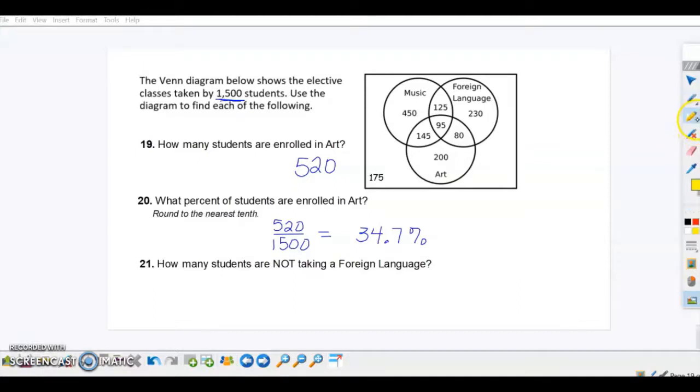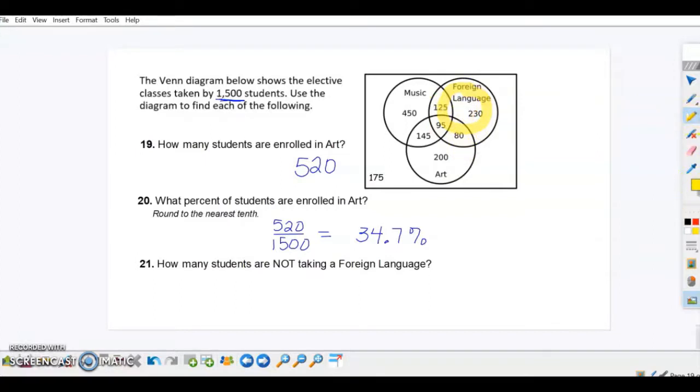How many students are not taking a foreign language? By the way, do you remember what another way to ask this question would be? That would be like the complement of students taking a foreign language. So we would find all the students that are not in the foreign language circle and add all of those up.